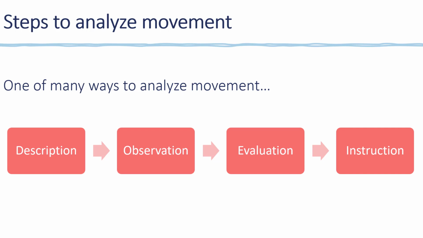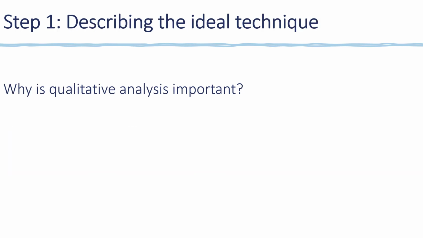So you're comparing or evaluating and identifying the errors that you see in your student or your athlete's performance. And then the fourth and final step is instruction. In this step, you want to educate your athlete or your student by providing feedback and then instructions necessary to correct whatever errors you identified. So let's dive a little deeper into each of these steps now.